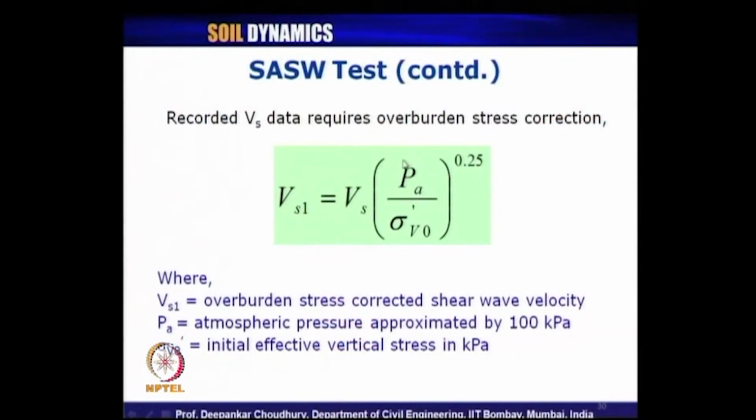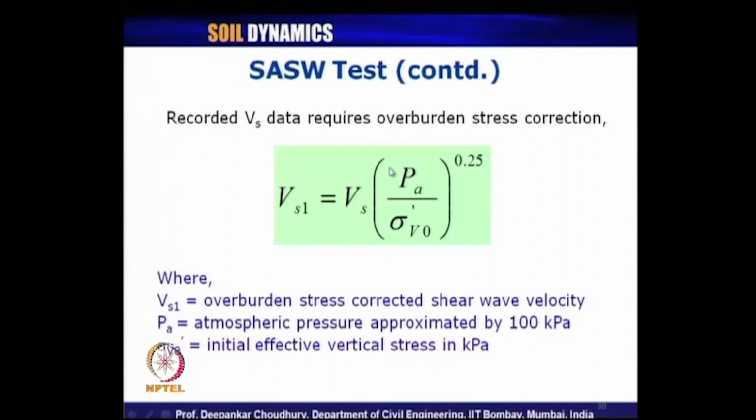That reference value of the overburden stress is nothing but 1 atmospheric pressure, which is equal to about 96 point something kPa, which for all practical purposes we take approximately equal to 100 kPa. So, 100 kPa is the standardized or reference value of overburden stress, which will give us the correct Vs value.